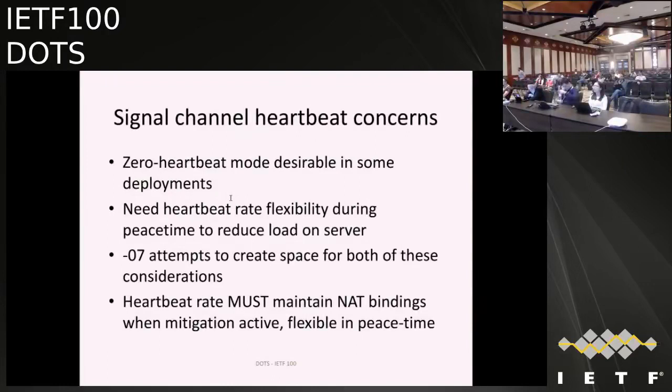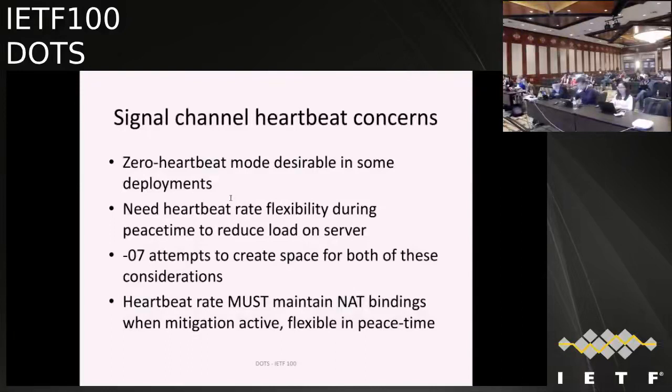So the first issue to come out of discussion around the heartbeat in the wake of the implementer feedback was the idea of a zero heartbeat mode, in which a DOTS client might be able to just request mitigation without having to establish continuing heartbeats between the client and the server. This would have been just a minor change to the requirement level for an implementation.